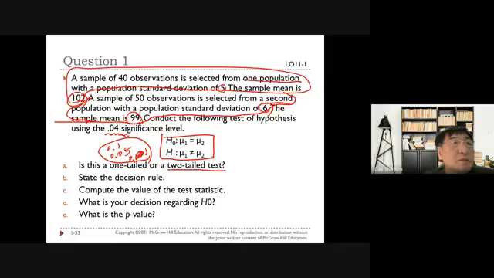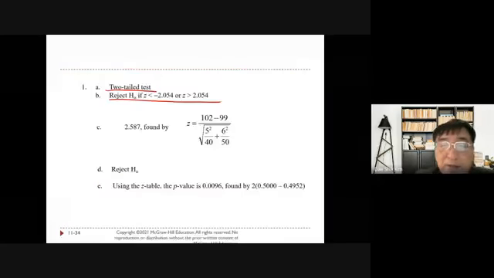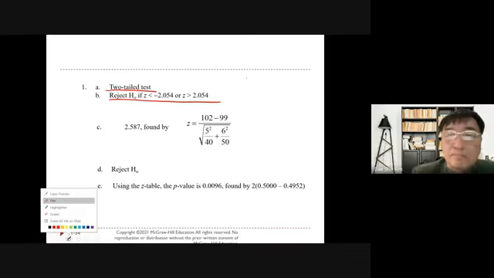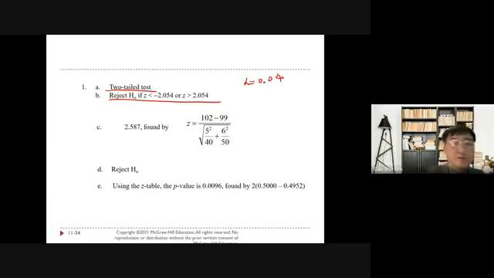We need to have some tables: the normal distribution table, the t table, and so on. Question 1 is there. The alpha was... it's normal, versus t-test, just to test the two things.